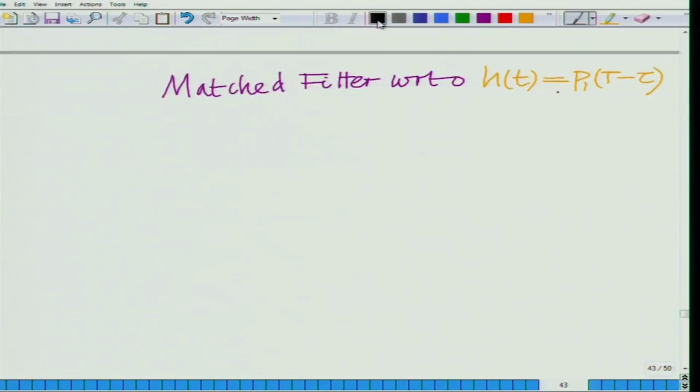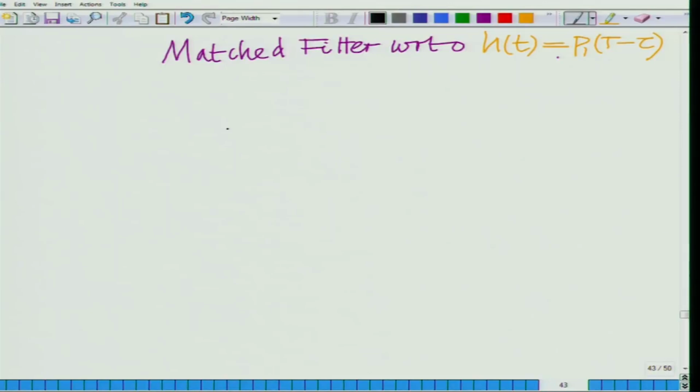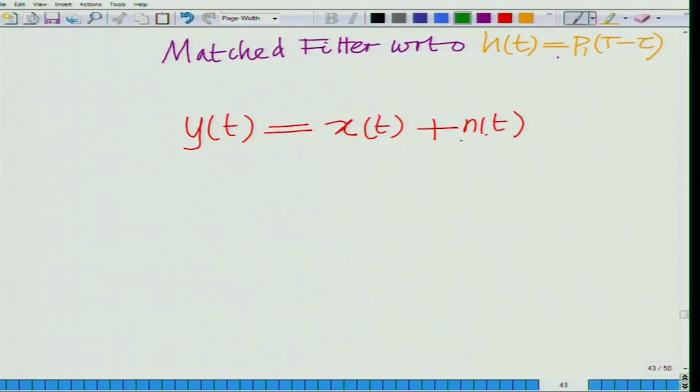So, what we perform is convolution. First of all, what we have over here is basically the received signal y(t) equals x(t) plus n(t). This is an additive white Gaussian noise channel.